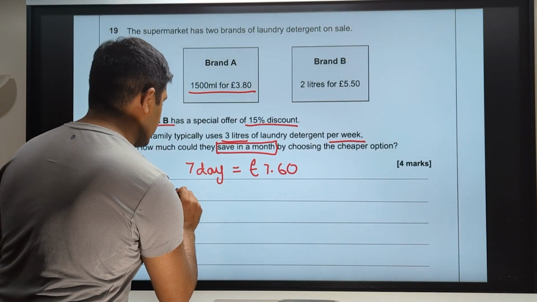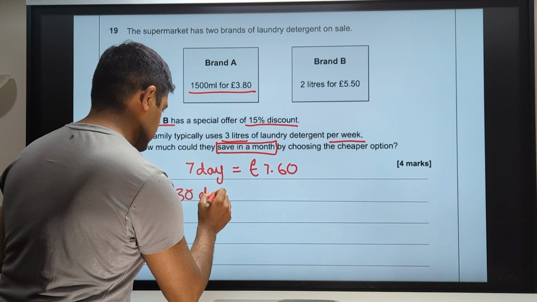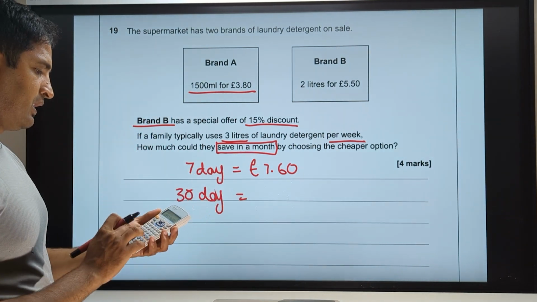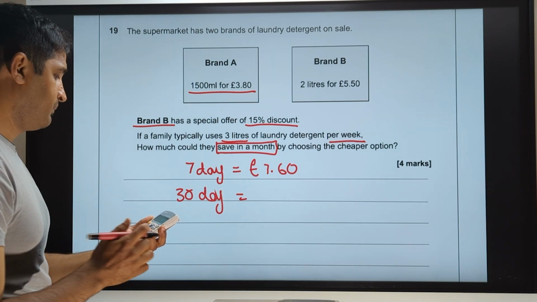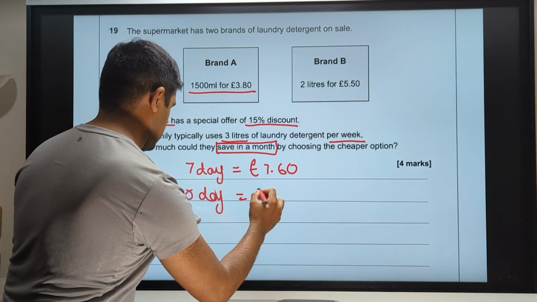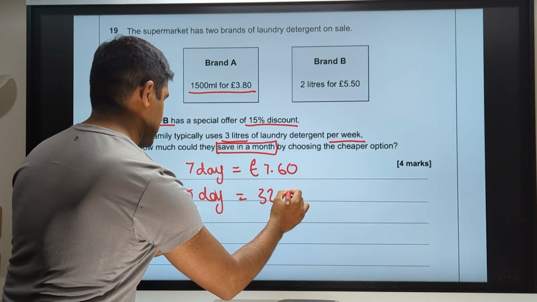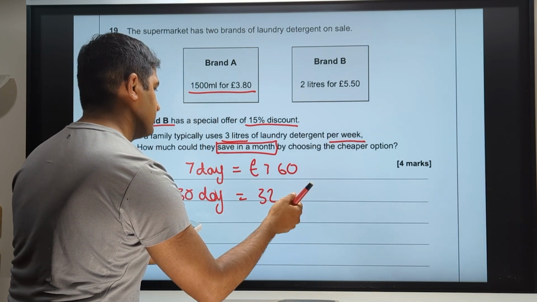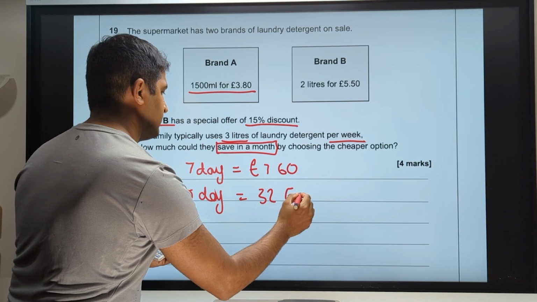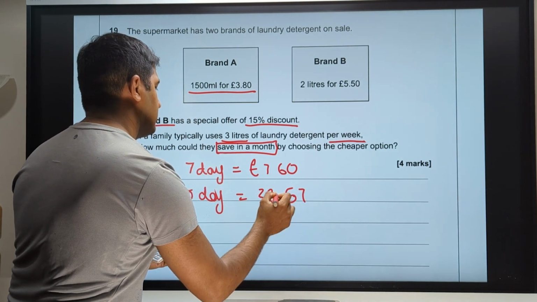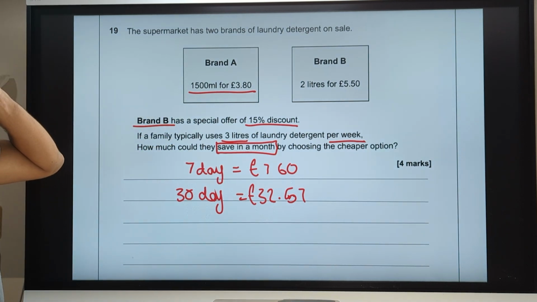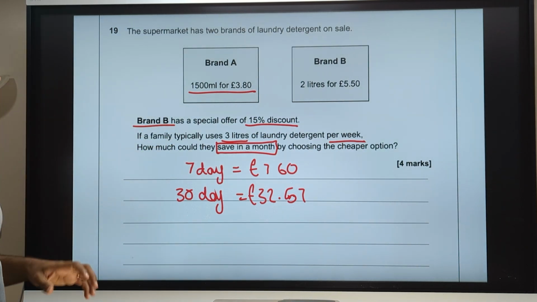So in 30 days, so 7 days, 760, and so in 30 days, it would be £32 and 57 pence. Okay? So that's how much money they would be spending on brand A.